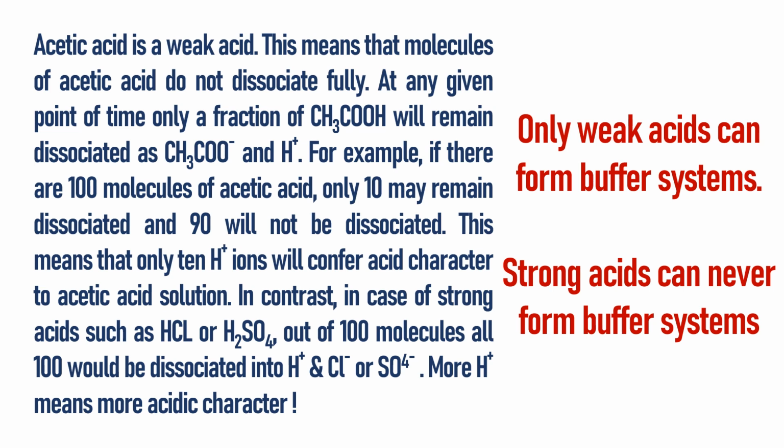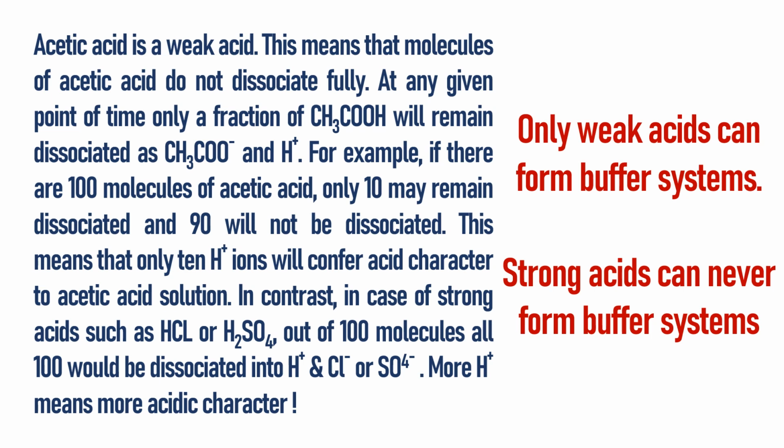At any given point of time, only a fraction of acetic acid will remain dissociated as acetate anions and hydrogen ions. For example, if there are 100 molecules of acetic acid, only 10 may remain dissociated and 90 will not be dissociated. This means that only 10 hydrogen ions will confer acid character to the acetic acid solution.